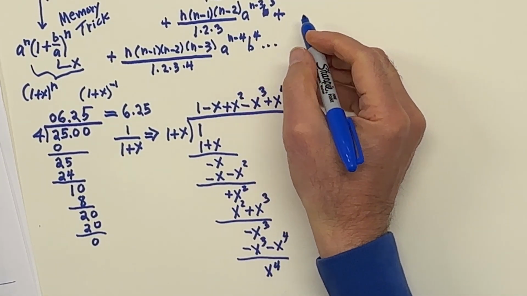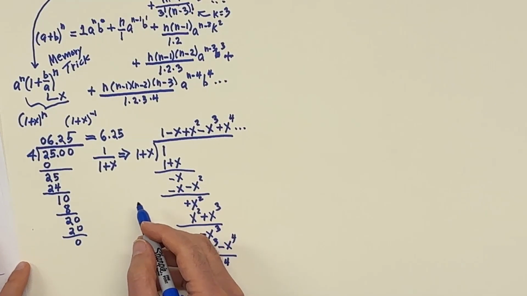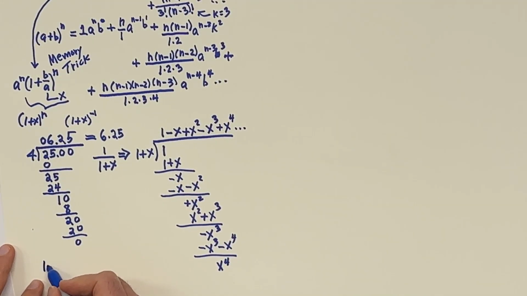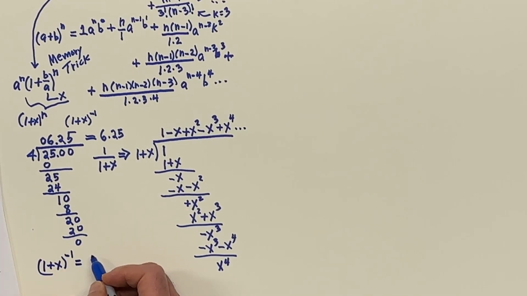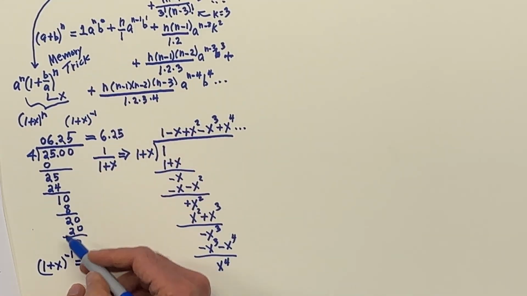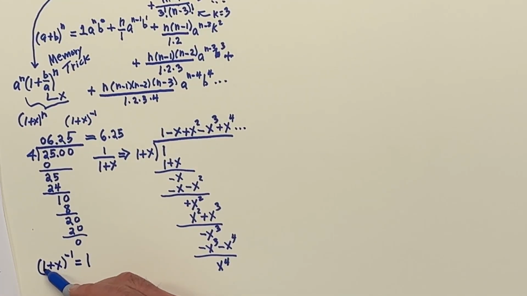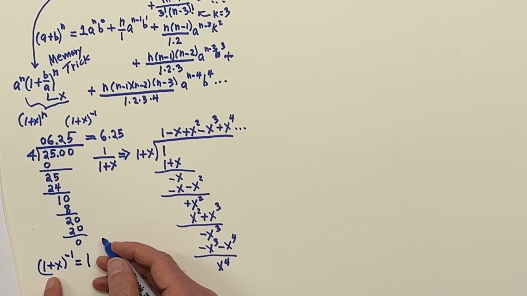All right. So here, if we look at this, we're going to have 1 plus x to the minus 1, and that's going to be equal to, well, first thing I do is I put a 1 down, and then the a to the nth power, a to the negative 1 power is 1, and x to the 0th power is 1, so that's all I have.